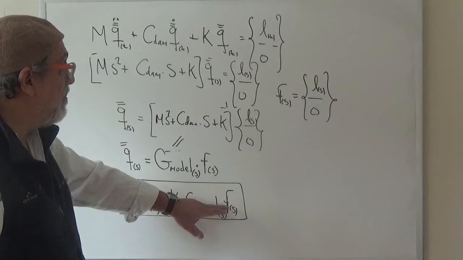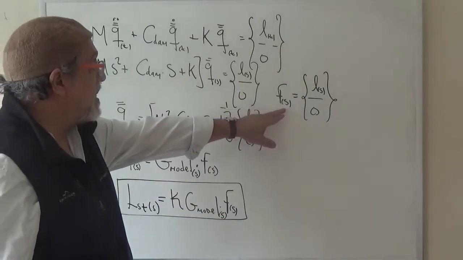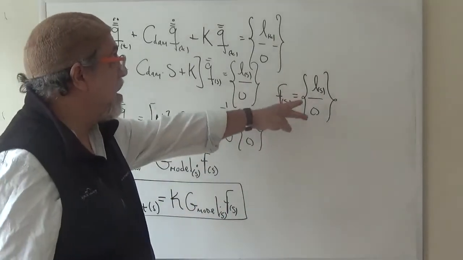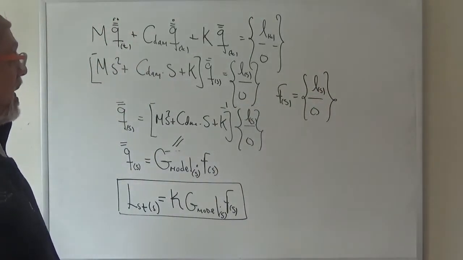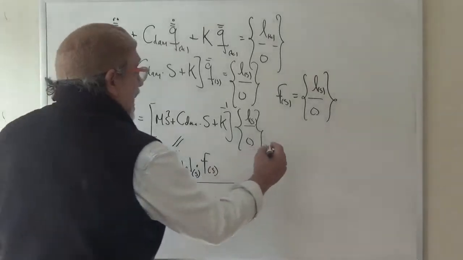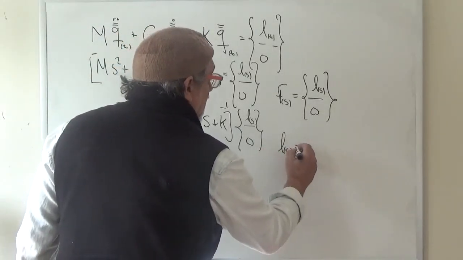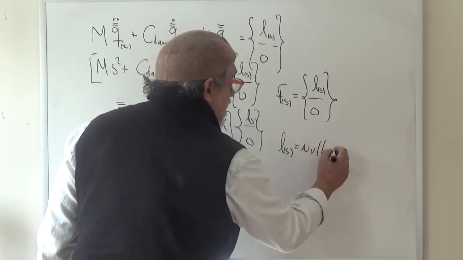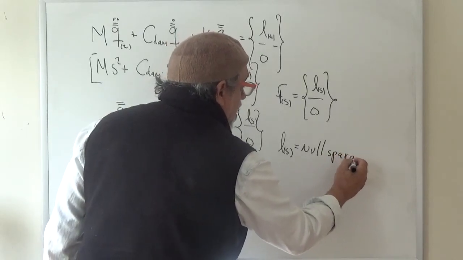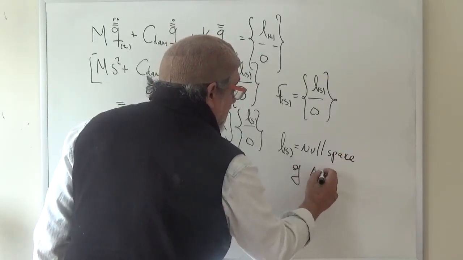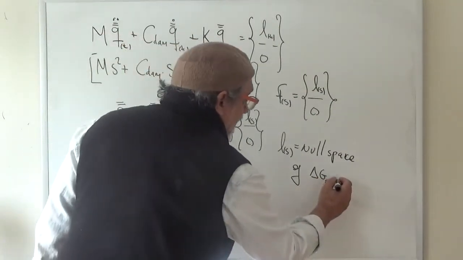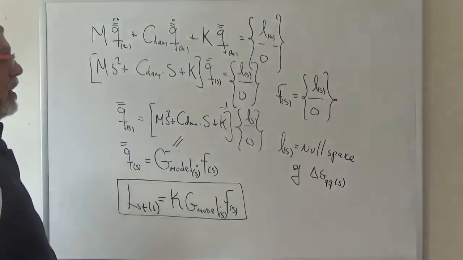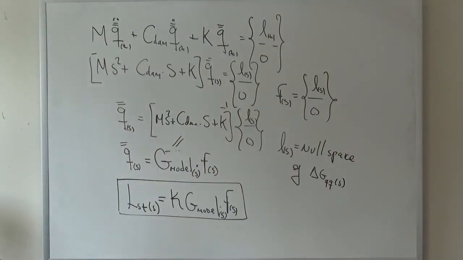And you need to have the vector F(s), which has zeros everywhere except at the location of the measured coordinates, where it is equal to L(s). And what is L(s)? L(s) is the null space of delta G qq, evaluated at s.